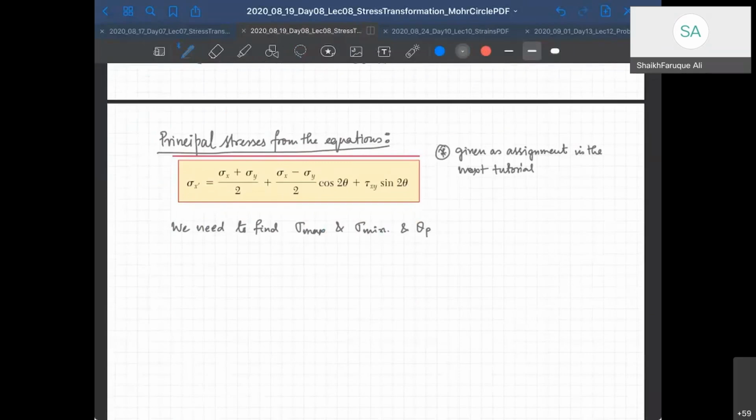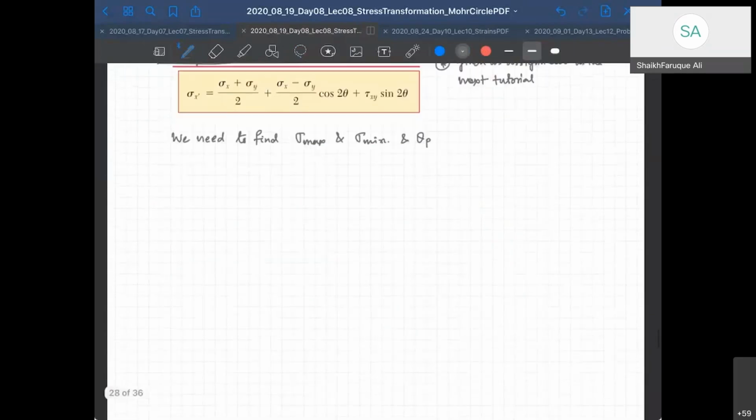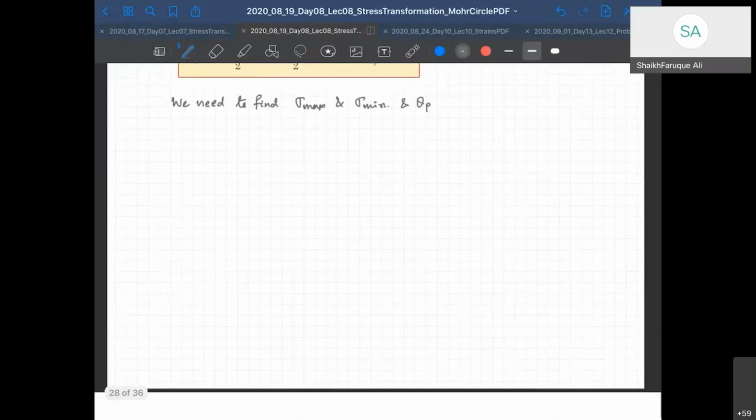Or you have to find the shear stress and put the shear stress to 0, because shear stress will be 0 in the principal planes. There is another way of doing it, that will not be available in the books. So that's what I'm going to tell here. Find the eigenvalues of the stress matrix.